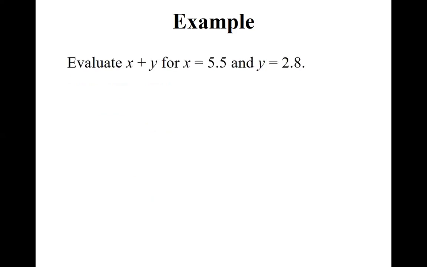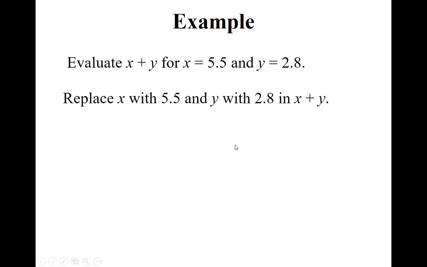Evaluate x plus y for x equals 5.5 and y equals 2.8. What do we do? Plug it in, plug it in. Plug in 5.5 for x, plug in 2.8 for y, and we have 5.5 plus 2.8 instead of x plus y.